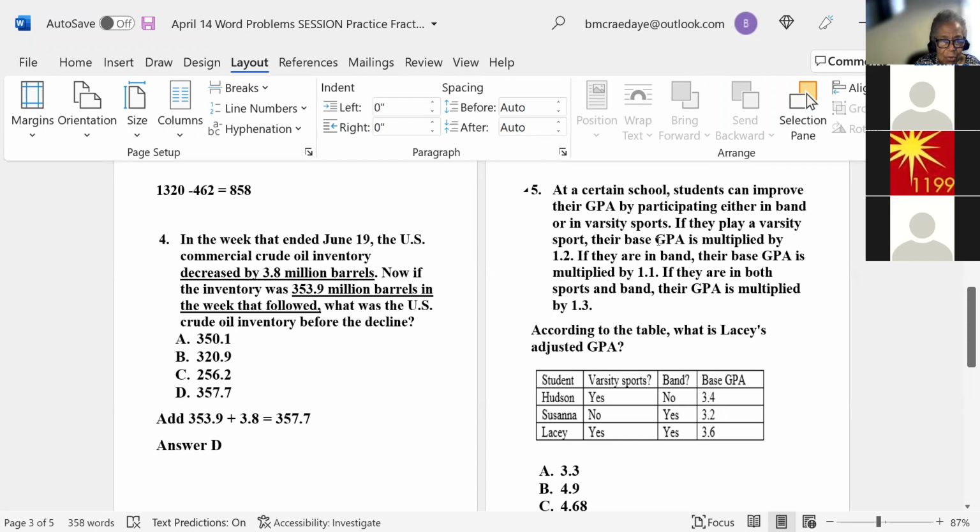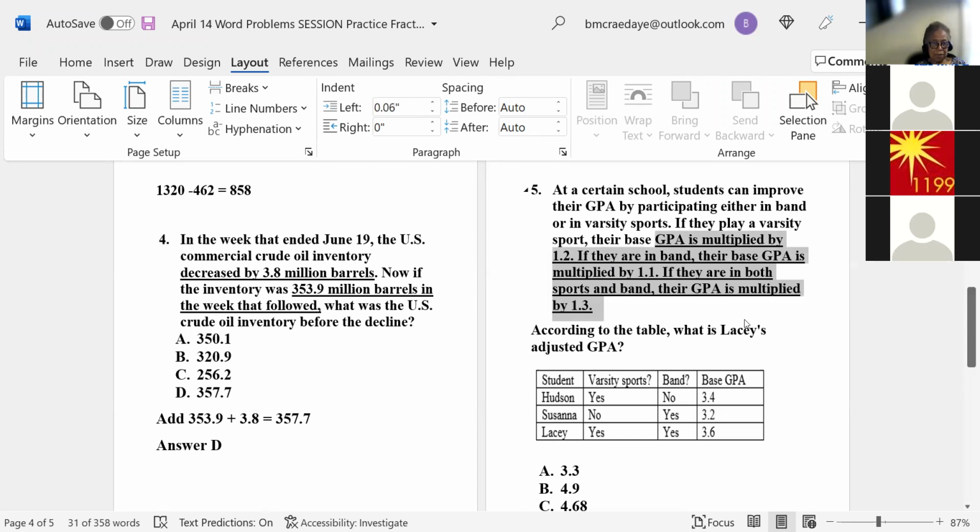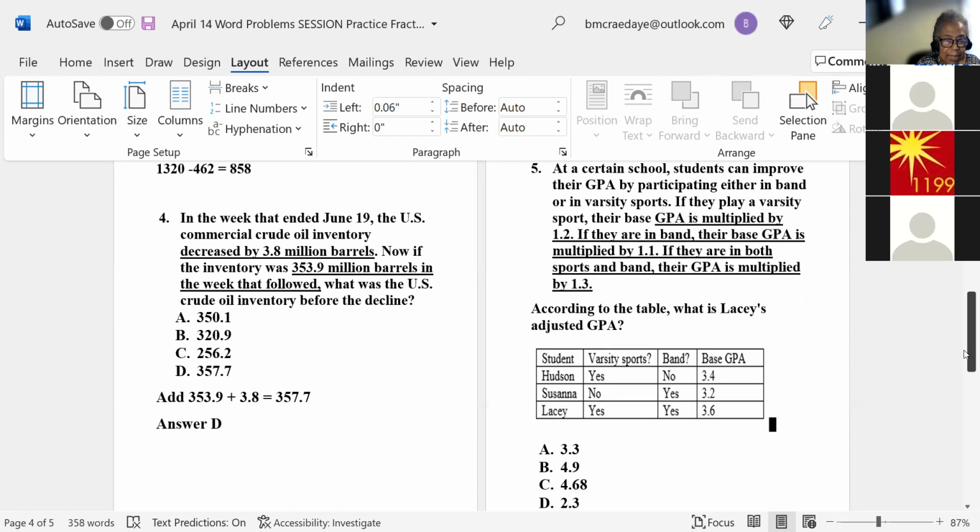Okay, so we need to know these factors that they gave us. How is your GPA affected by being in the band? How is it affected by being in sports? How is it affected by being in both? And they gave you a specific person, Lacey, and they want to know what is Lacey's adjusted GPA.